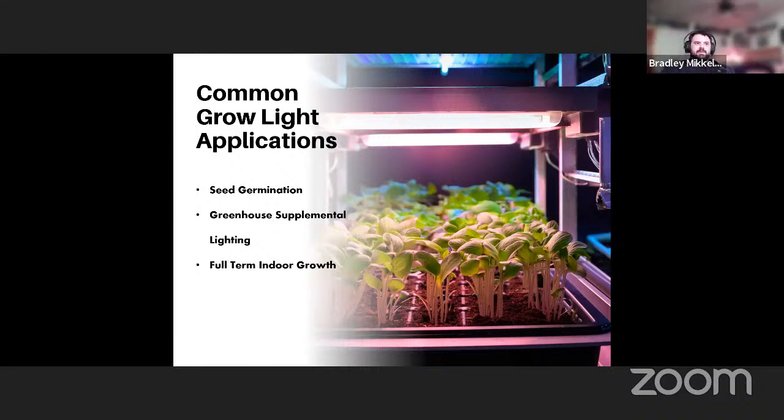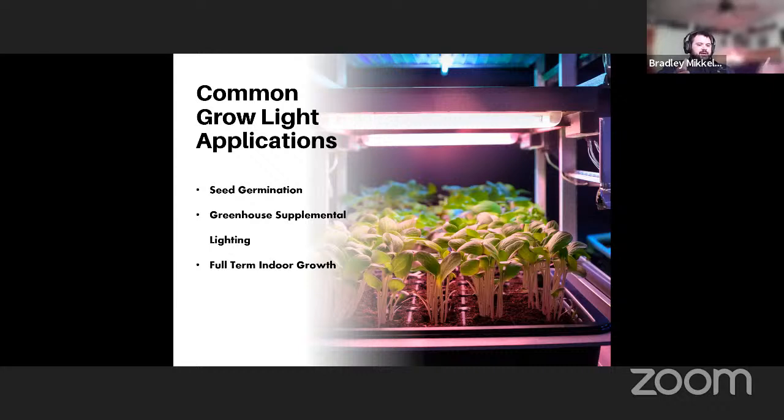A general rule of thumb for an LED fixture would be 40 watts of LED light per square foot of growth canopy. You can take that basic calculation and figure out your space.